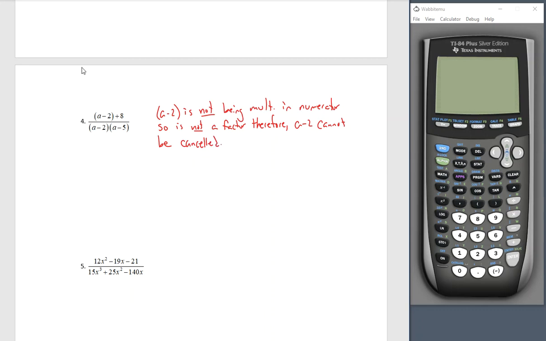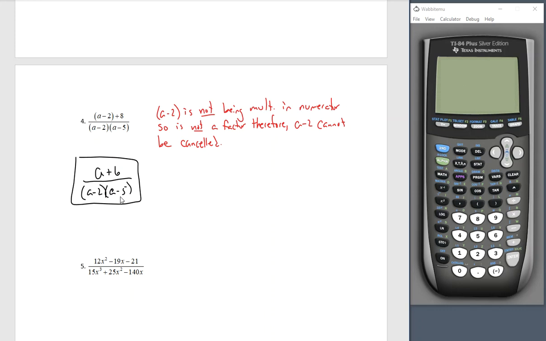I can't do that. The only thing I can do to simplify this is rewrite the numerator, a plus 6, and there's nothing I can do other than just leave the denominator factored, or I could multiply it together. I'm one of those quit while you're ahead people.